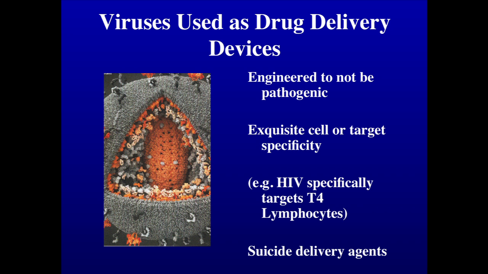I want to point out also that viruses, I mentioned the use of particles to deliver antibodies. Viruses are also cell-specific in many cases. Think about HIV seeing T lymphocytes. HIV virus specifically targets T lymphocytes like no other cell type.